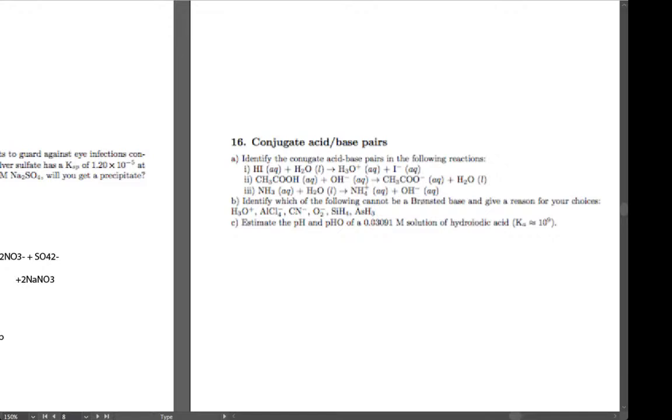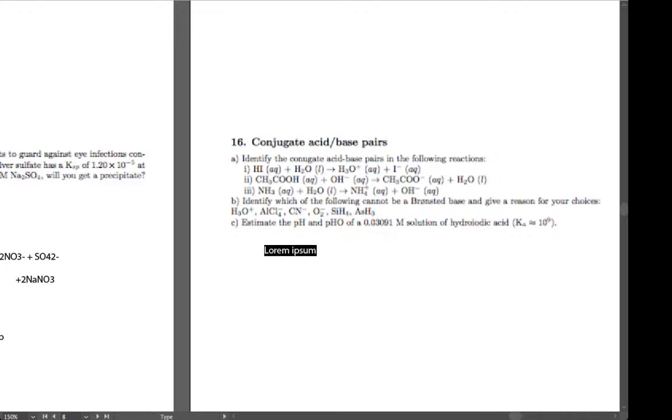So we basically have a donor and a receiver. The donor is an acid while the receiver is a base, I believe. Let's try that first.